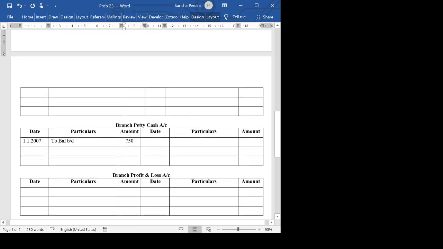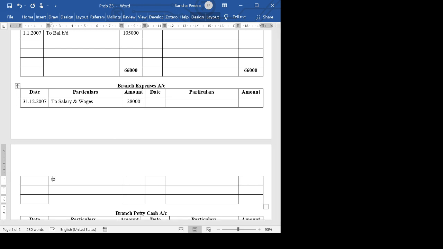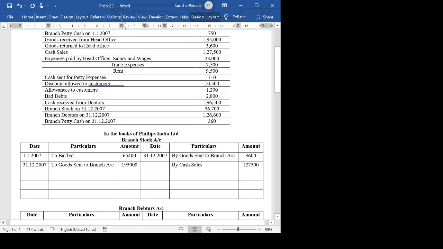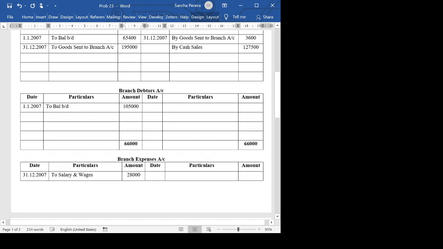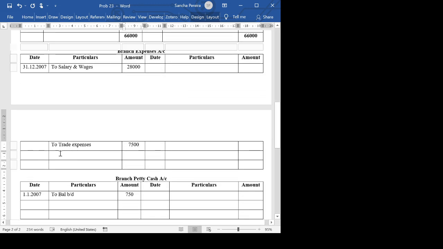Trade expenses, 7,500. To trade expenses, 7,500. And then we have rent, 9,500. To rent, 9,500.